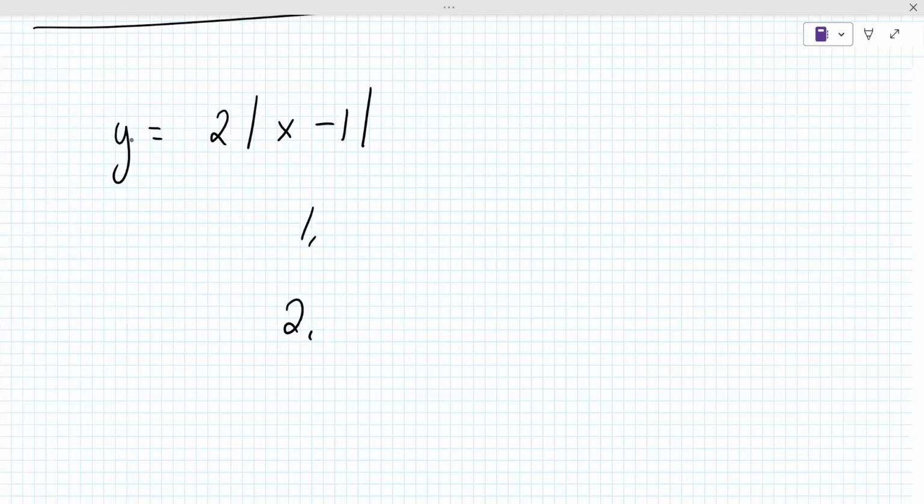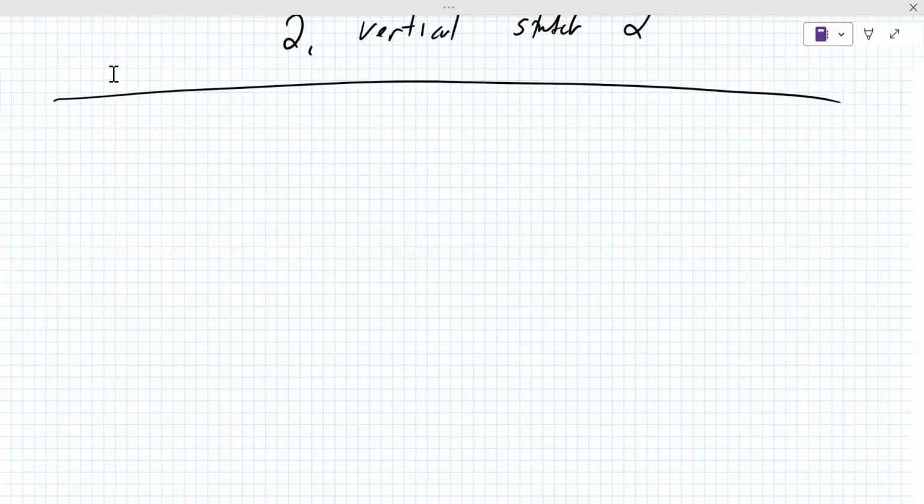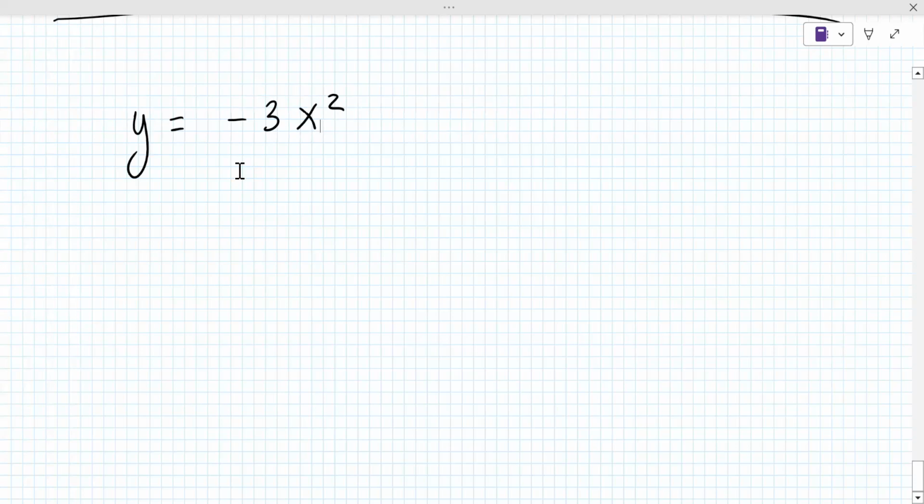That right there is right 1, and for 2, that is stretch 2, vertical stretch. Okay. Now for the last few, I'm not going to tell you how many transformations there are. You have to determine them. So take a look at this and see if you can tell me how many transformations there are.